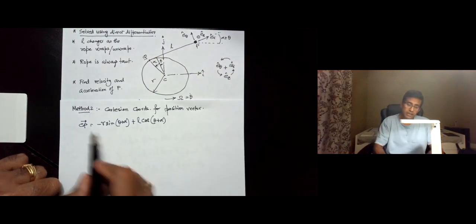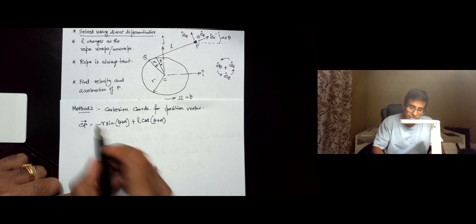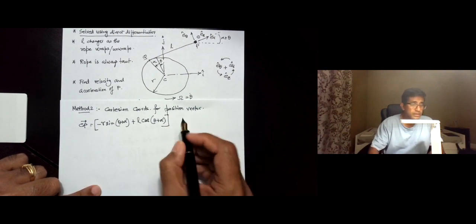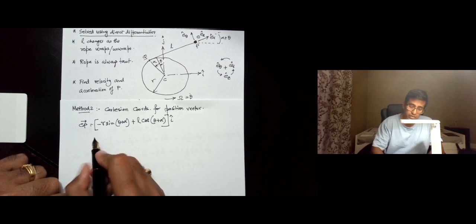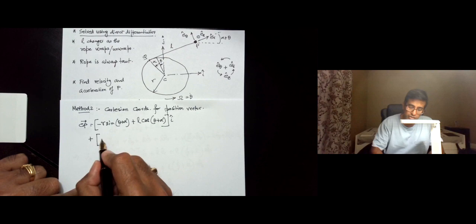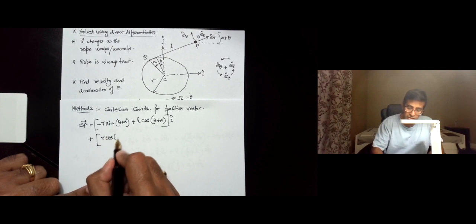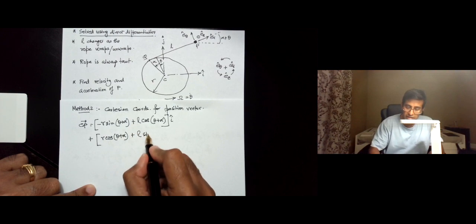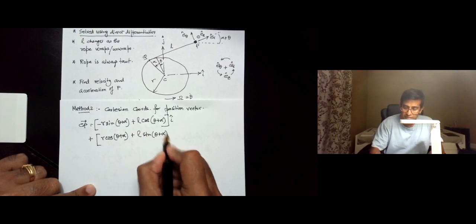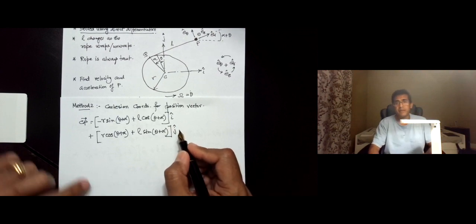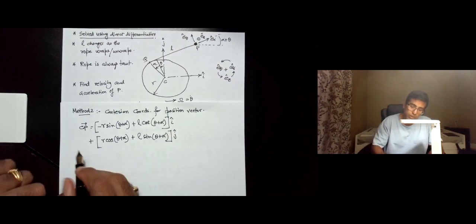With that understanding, you can write the x coordinate with this expression, and the y coordinate similarly is going to be r cosine theta plus alpha plus L sine theta plus alpha. This is in j. Okay, so we'll proceed from here.